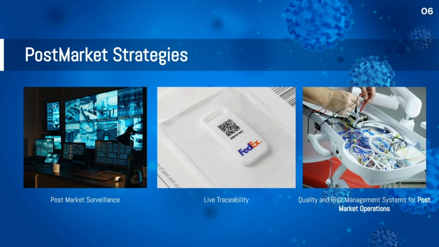The third strategy you can do is quality and risk management systems at this stage, where if any failures or unintended defects occur, quality and risk management systems ensure the medical device is effectively used in clinical use, and it helps aid in empowering more innovative solutions.